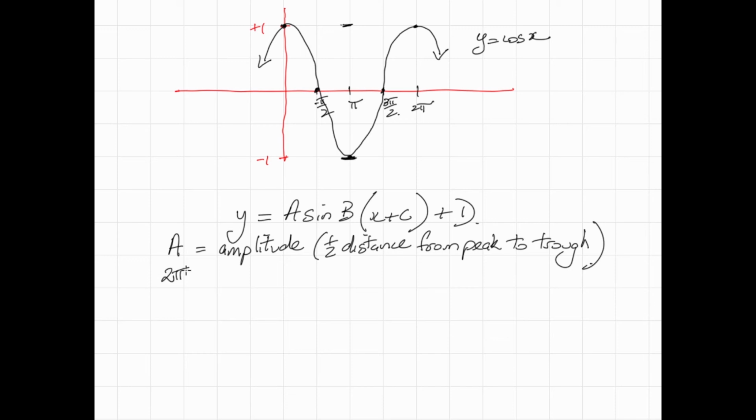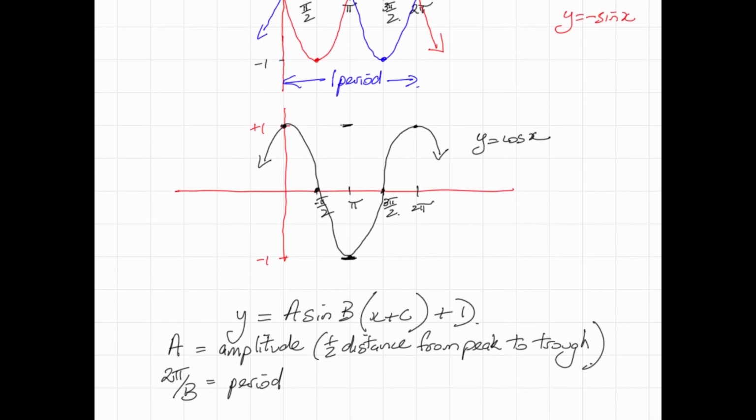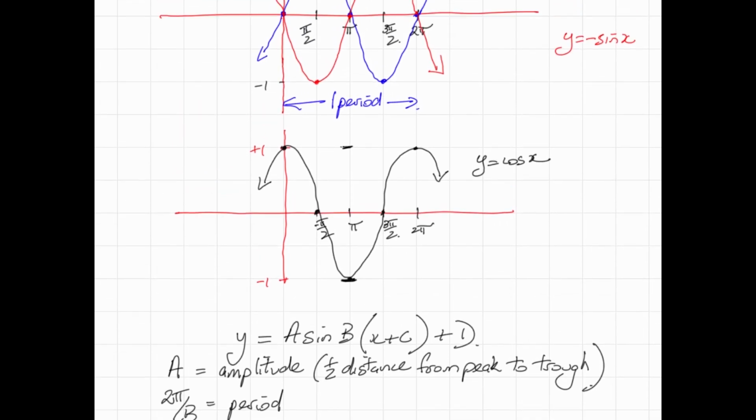2 pi over b is the period. The period is how far we go before we start repeating the same graph again. So the period for the cos graph here was 2 pi. So there is my period. Once we get to 2 pi, we could pick this point up and put it there, and the graph would repeat itself again, and same going in that direction.